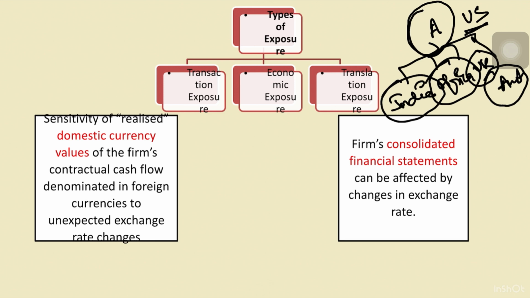So a firm's consolidated financial statements can be affected by the exchange rate. Whatever the exchange rate affects in converting the financial statements into the home currency is known as translation exposure. I have also covered translation exposure in detail along with its management techniques, okay?